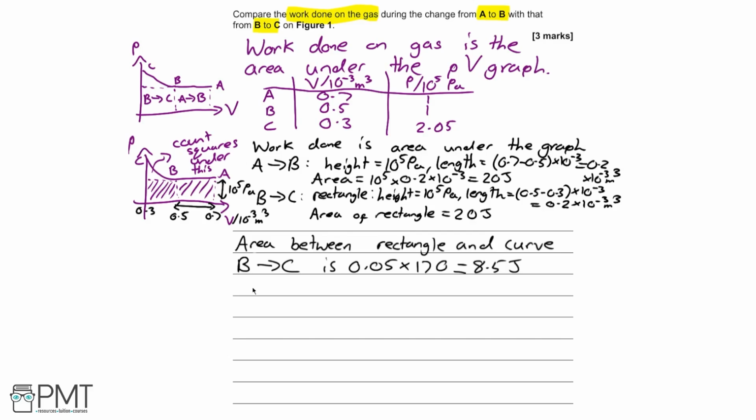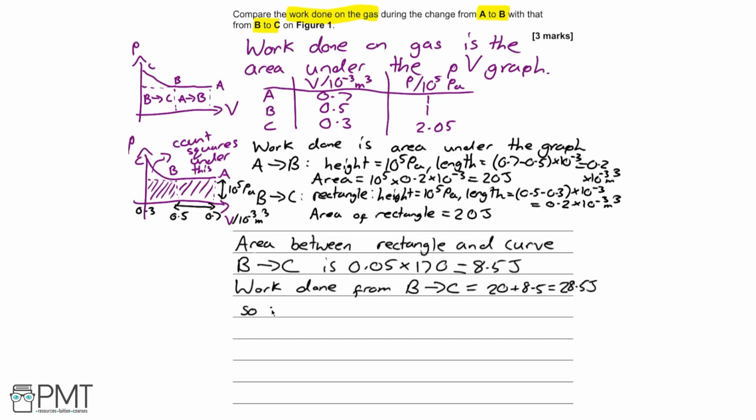Now we need to compare the work. So work done from B to C overall is equal to 20 plus 8.5, which is equal to 28.5 joules.